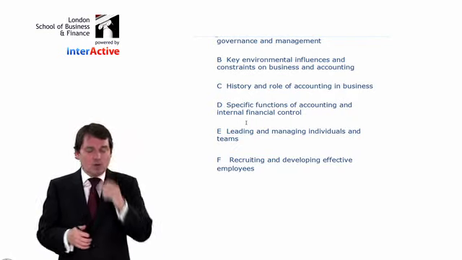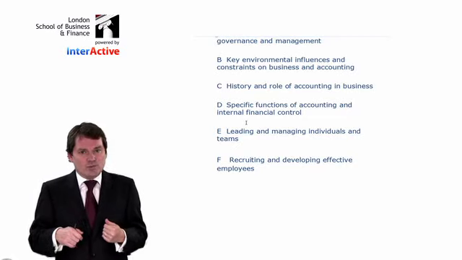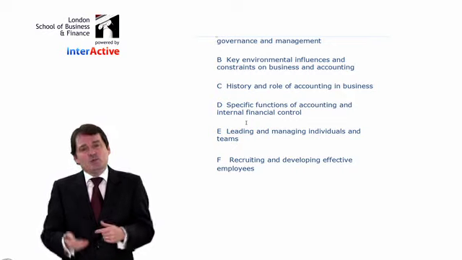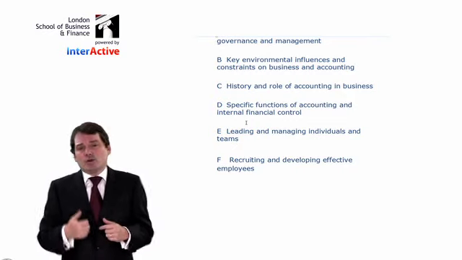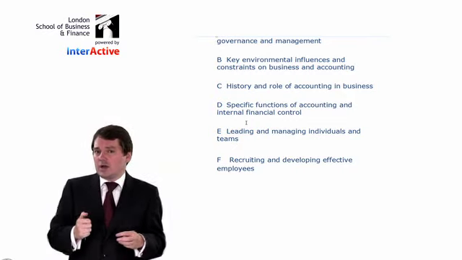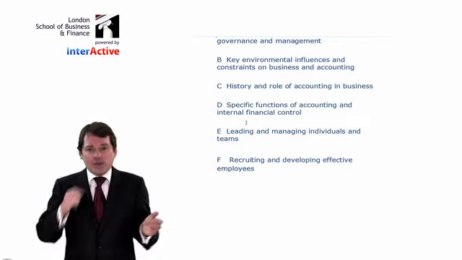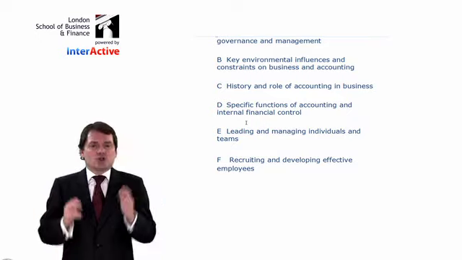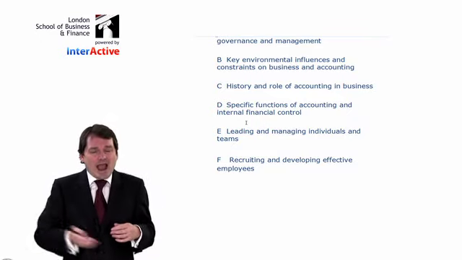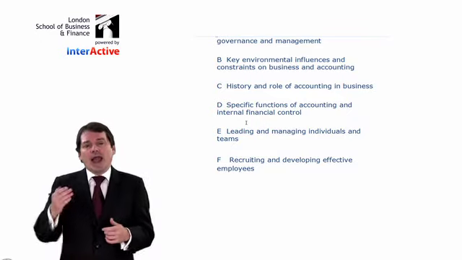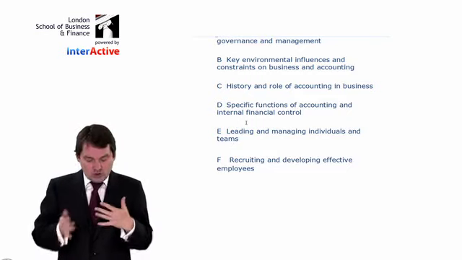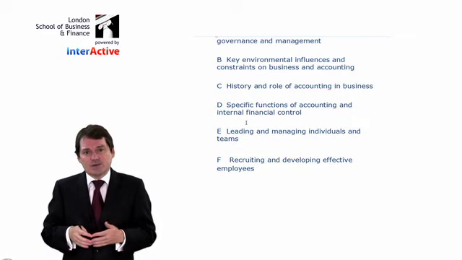How do we make sure that we get all of the receivables that people owe to us? Another area could be, how do we decide how much credit a new customer is going to have? So if we have somebody who comes to us that we've never dealt with before, how much credit do we give them? When do we send them a bill? How do we make sure the bill is paid? And all these different areas, this is all to do with a specific area of accounting.